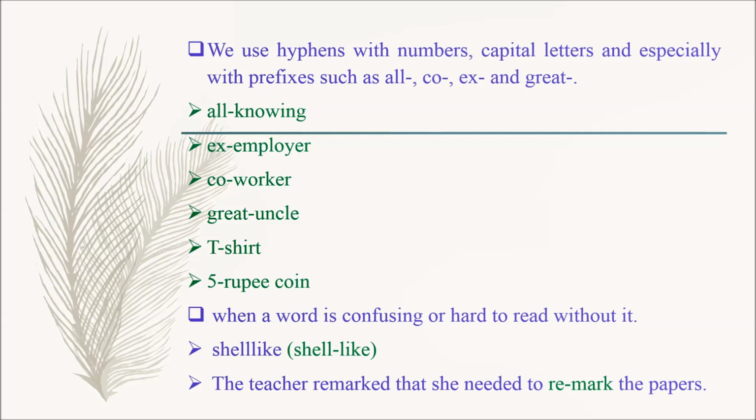Then when a word is confusing or hard to read without it, we use a hyphen. Examples are shell-like, shell hyphen like. The next example sentence is: the teacher remarked that she needed to re-mark the papers.